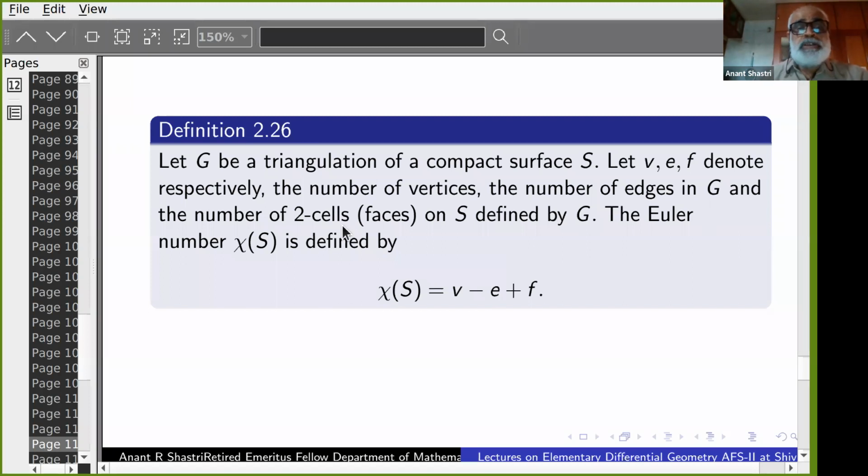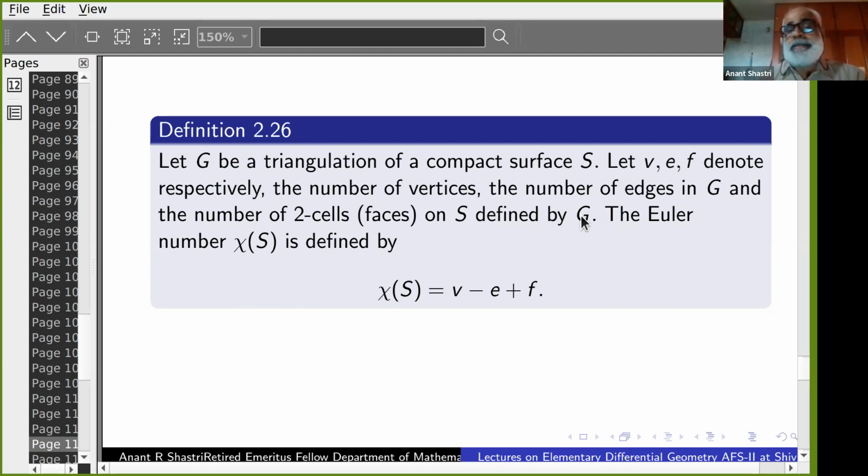So start with a triangulation of a compact surface. Let V, E, F denote respectively the number of vertices, number of edges, and number of two-cells formed by G. The two-cells are all triangles now, because I have taken a triangulation.